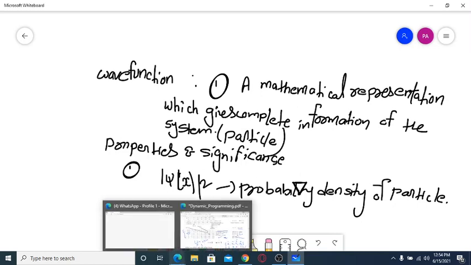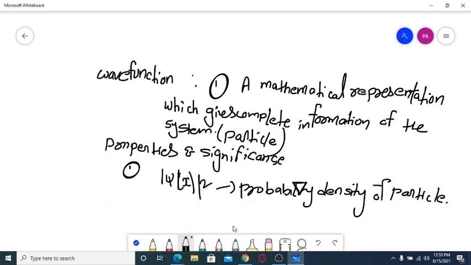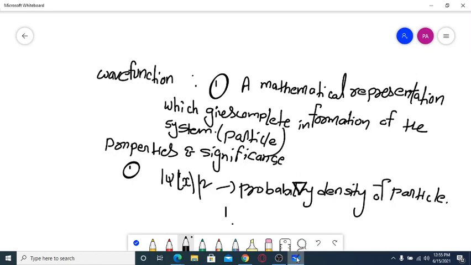Now the second important property that we are going to learn in today's class is mod of psi of x squared dx.